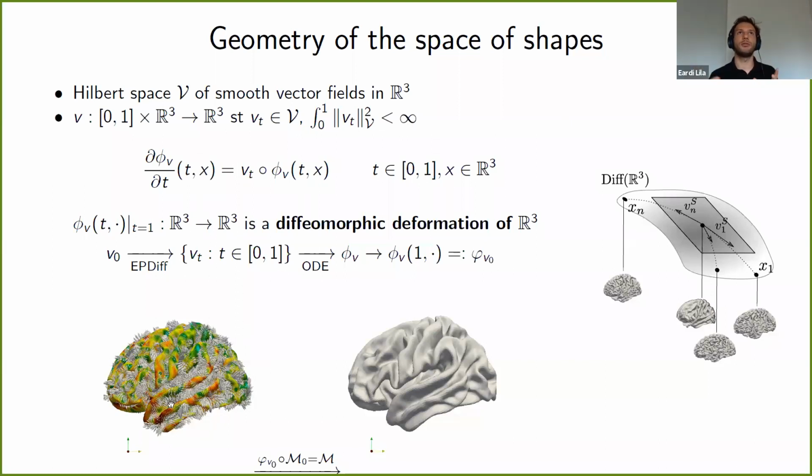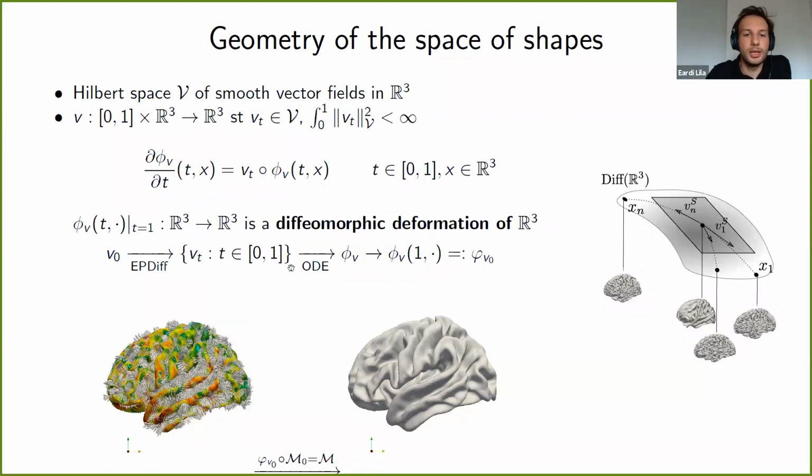You take linear combinations of those, even extrapolation of those, and those will always belong to the initial vector space, right? And we use this linear space, which is a space of smooth vector fields, to generate diffeomorphic deformation. Diffeomorphic deformations belong to a nonlinear space, but the nice thing about diffeomorphic deformations is that they preserve the structure of the brain.